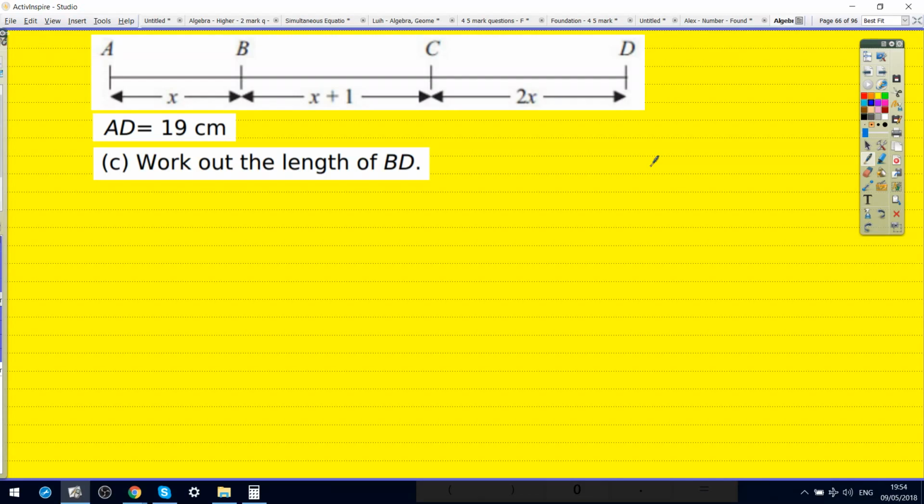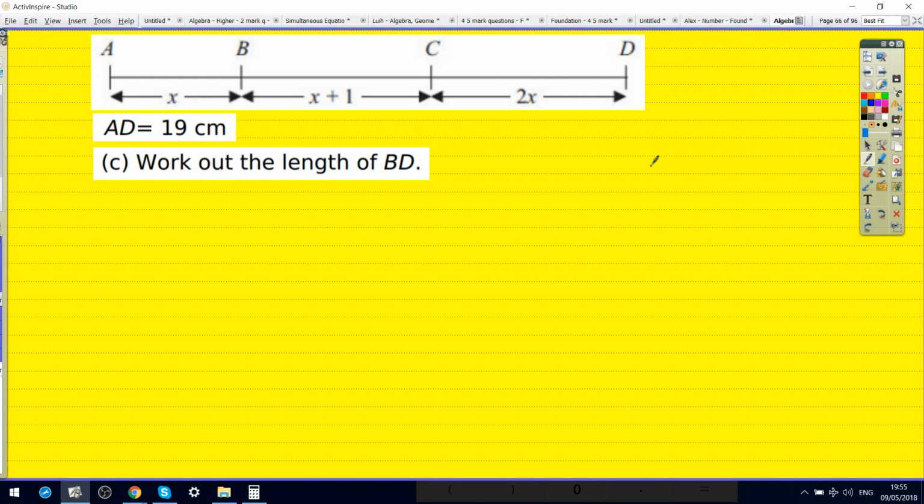Look at length of BD. So that would be... AD is 19 centimeters. So... I'm actually not sure.